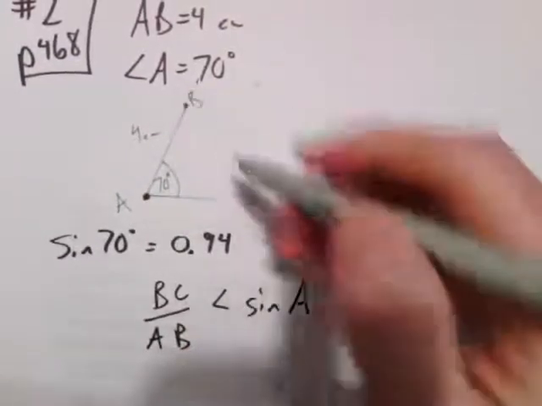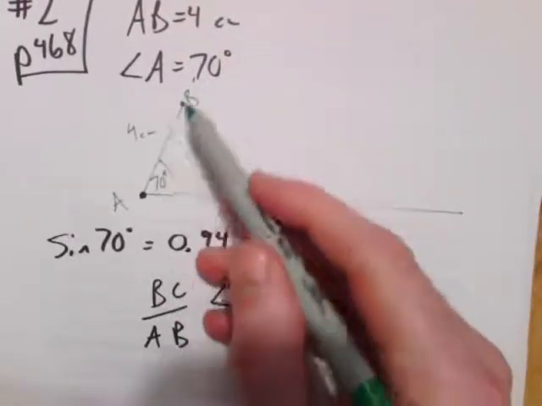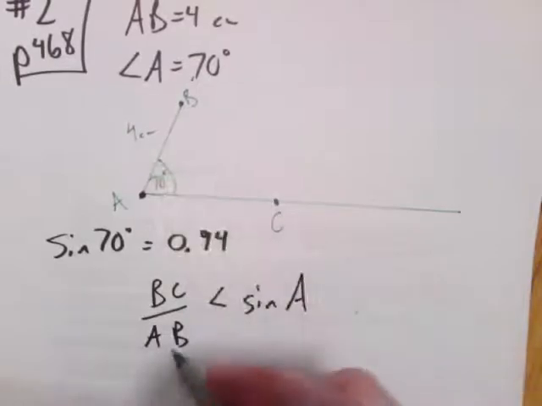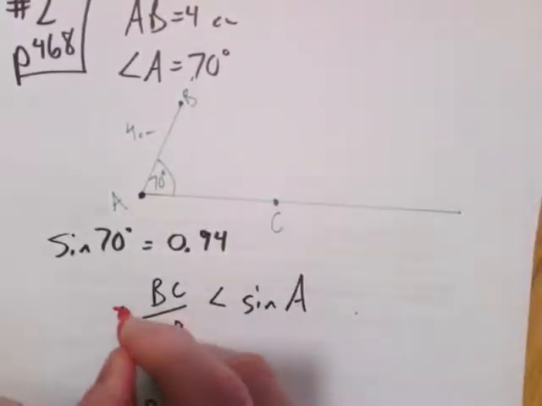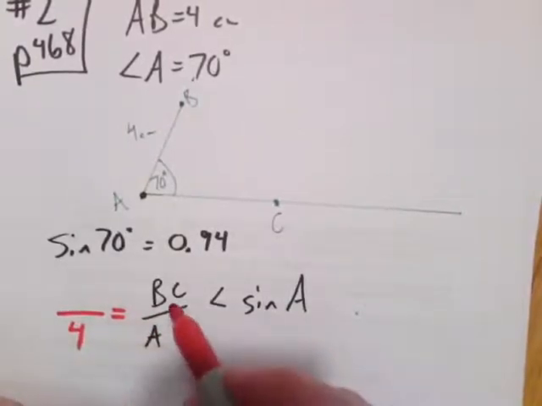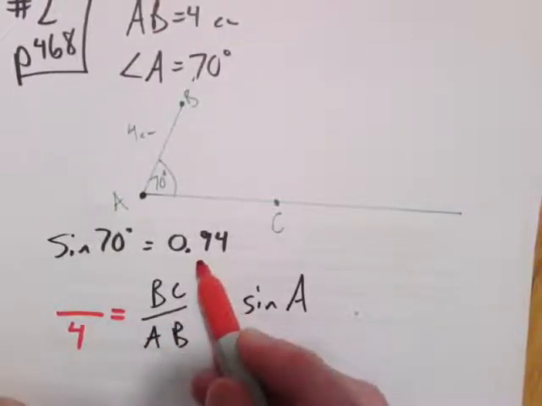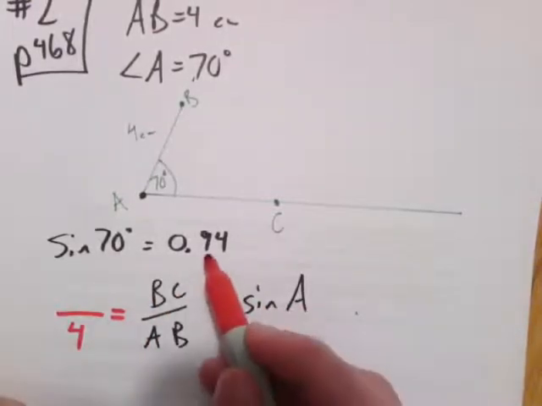BC, we don't know what that is, okay? But we know that AB is 4. If AB equals 4, BC has to be a little bit less, just a little bit, because sine of A is 0.94.